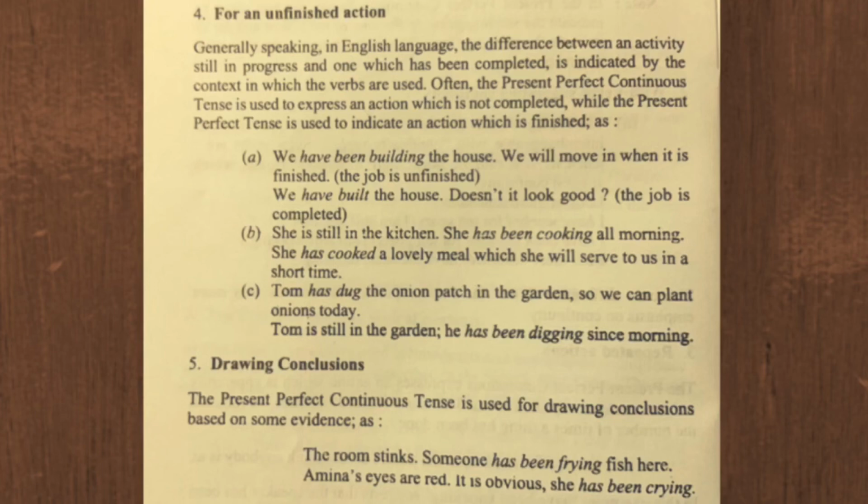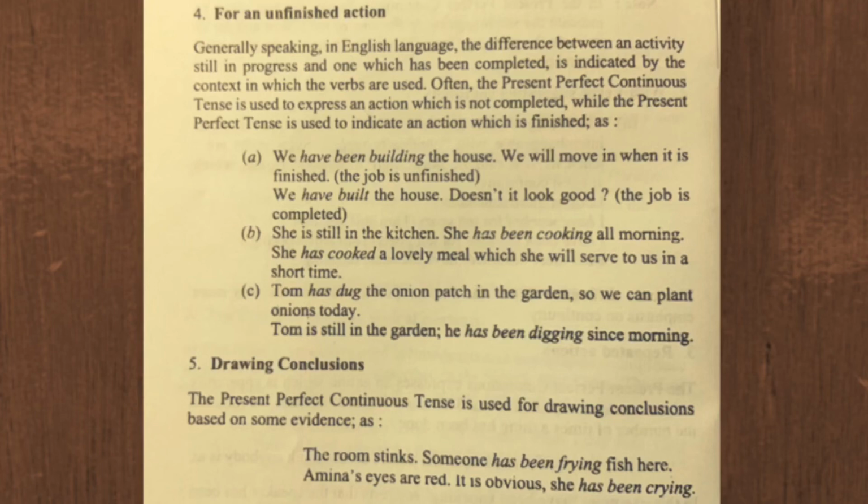Often, the present perfect continuous tense is used to express an action which is not completed, while the present perfect tense is used to indicate an action which is finished, as: We have been building the house. We will move in when it is finished. The job is unfinished. We have built the house. Doesn't it look good? The job is completed.